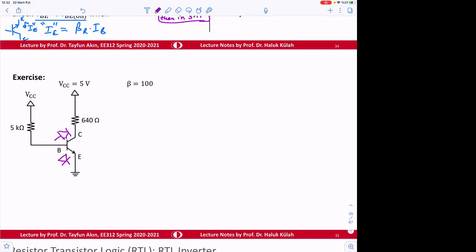And for example, here, there's a path that current can flow from VCC to here. Therefore, this junction, we know that VBE should be on. If it's on, we know that the transistor off case cannot be.